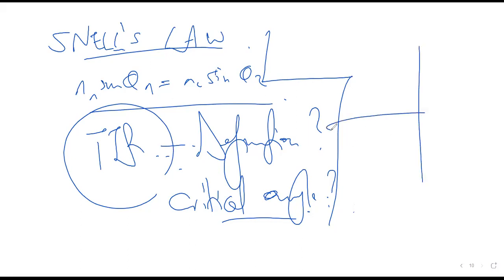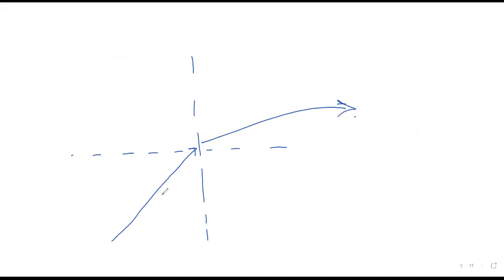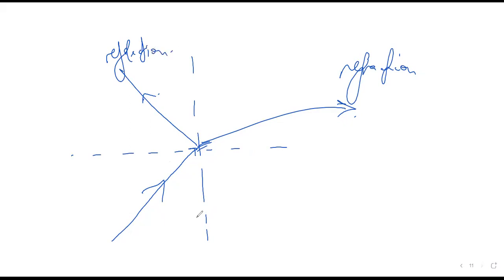If we have a boundary, this is our boundary, this is my incident ray, then there is refraction and reflection. The angle of refraction goes up to 90 degrees.